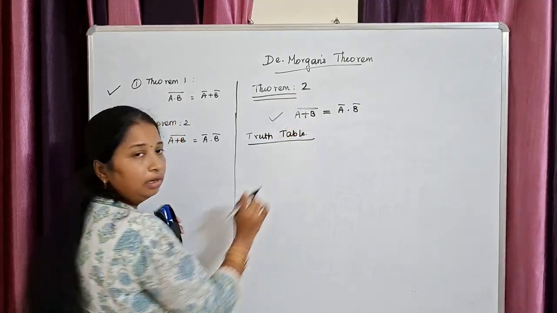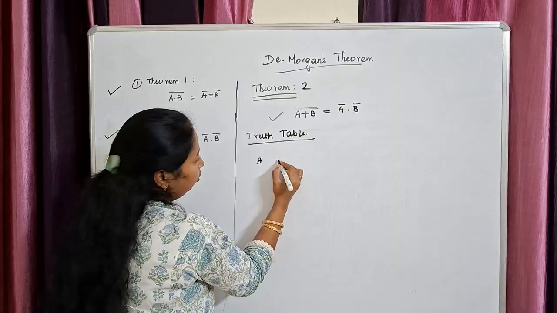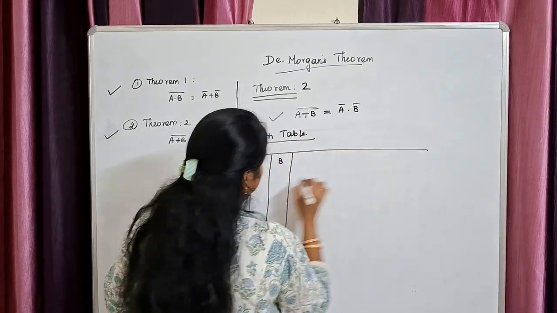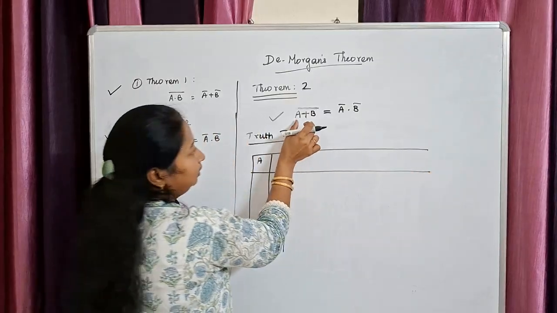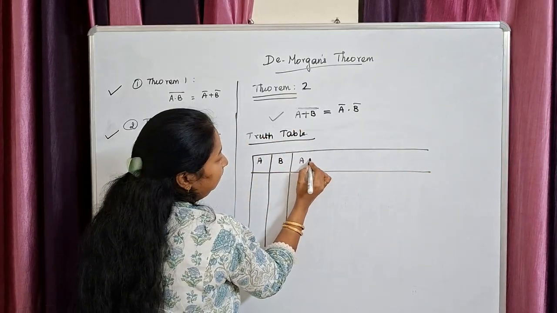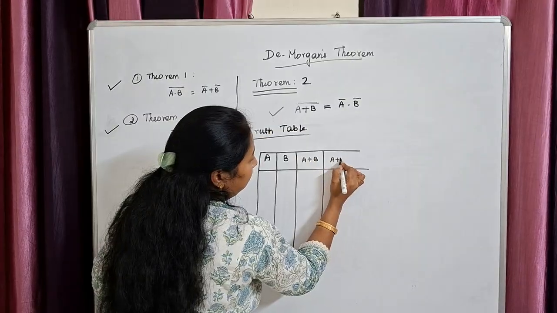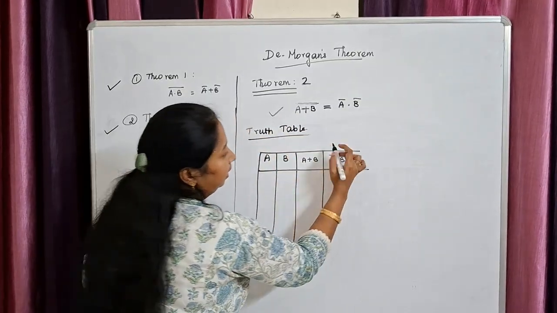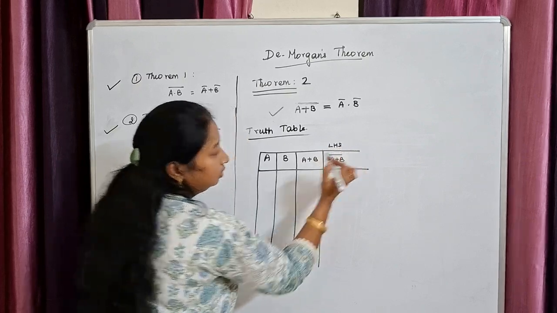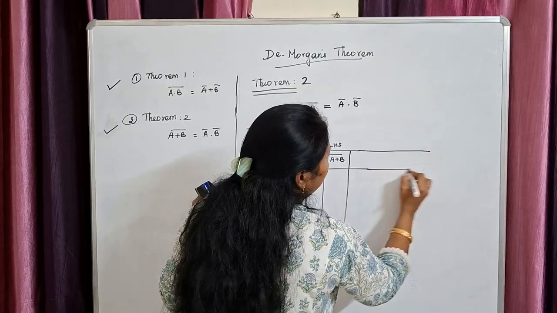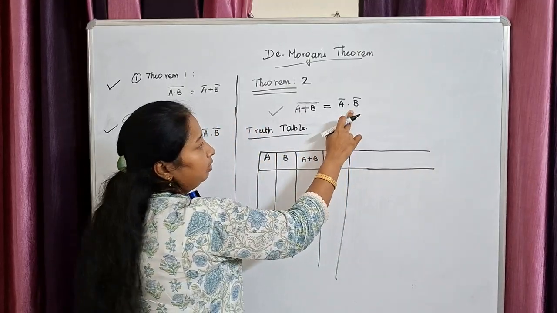How many variables are there? Two variables. So I am taking both the variables A, B. Now, what is my LHS? It is A plus B, I am taking it step by step, and A plus B the whole bar. This is my LHS. Right? Now, I have to find my RHS also. On my RHS, what variables do I have?